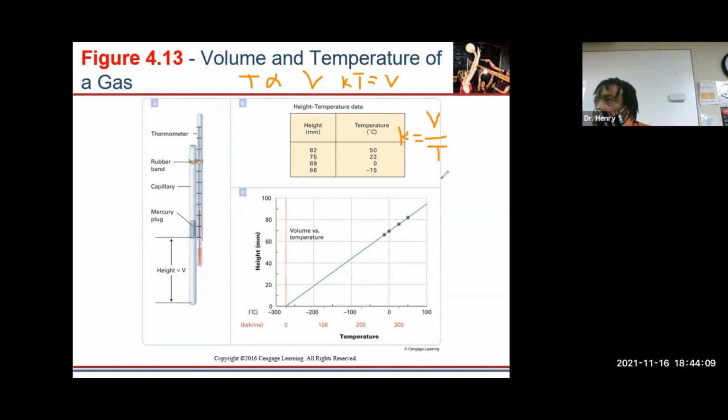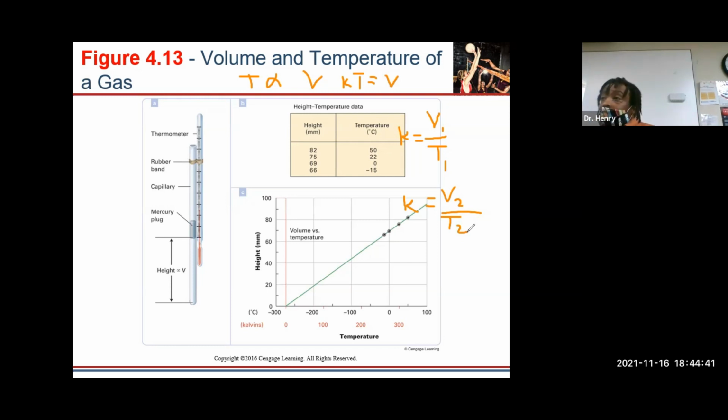Is that true? Because it's a constant, right? Constant's not changing, right? So then I could say V1 over T1 equals a constant. And then I could say V2 over T2 equals a constant. Right? Or can't I say that?